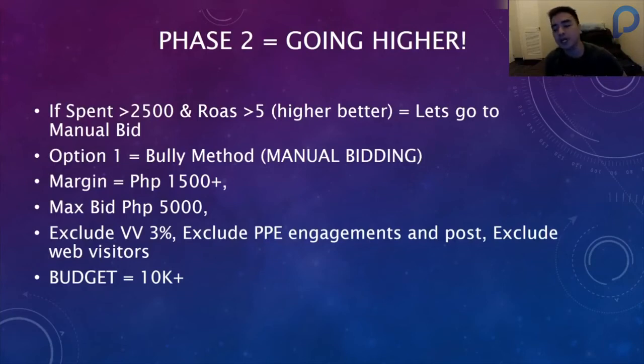So for Carla, if you are selling items na 3,000 or 5,000 pesos, which you have this kind of huge margin, then I would definitely recommend this manual bidding, this going higher, assuming na tapos ka na sa phase 1, tapos ka na sa phase 2, nakapag-automated rules ka na, and the results are still great. I'm gonna go for manual bidding. Now, I'm going to explain manual bidding, how it works.